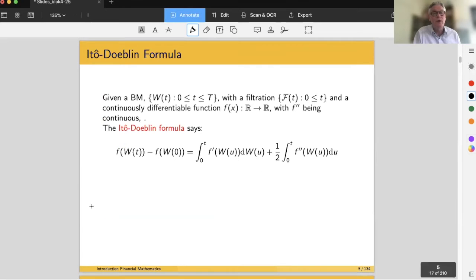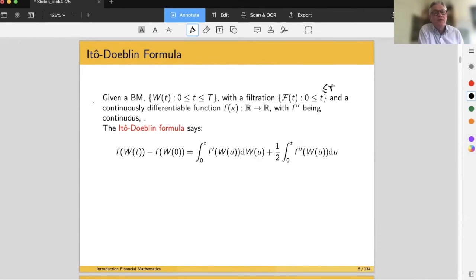And now we will work with it. So we will come with these special integration rules in order to simplify our work when we need to integrate with respect to Brownian motion. So we want to work with integration, and we would like to have rules for integration in the case of a stochastic integral.